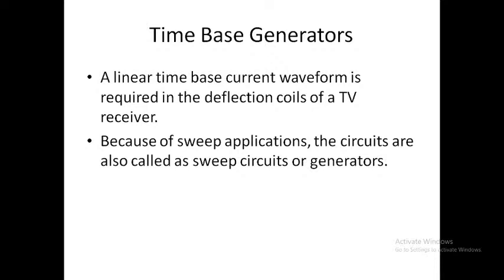and a linear time-based current waveform is required in the deflection coils of a TV receiver. When there is a cathode ray tube, CRT TVs were there very long ago. In those televisions, deflection coils were there, and to deflect that beam, a time-based current waveform is required in a linear manner, because of the sweep application, because it actually sweeps the electron beam.